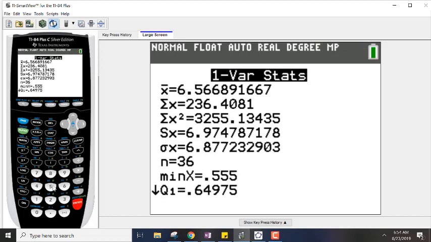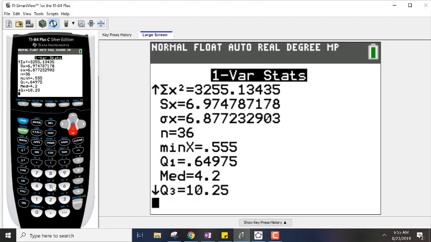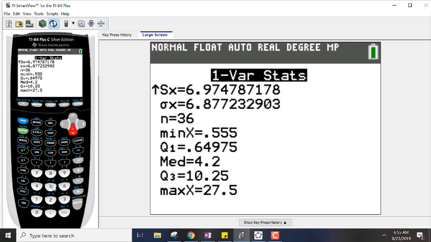So we have our x bar, our mean, which doesn't really mean a whole lot because we're not using that. What we want to see are the 5-number summary: 0.55, 0.64975, 4.2, 10.25, and 27.5.